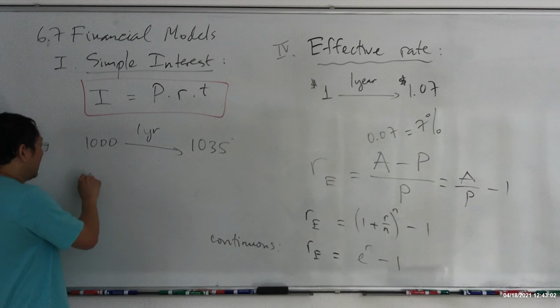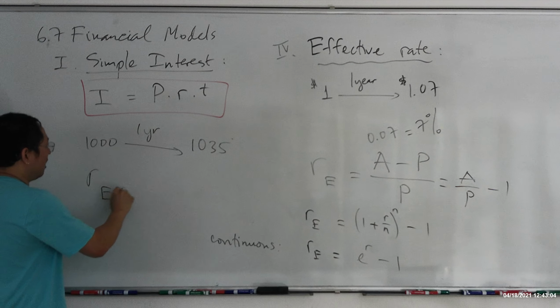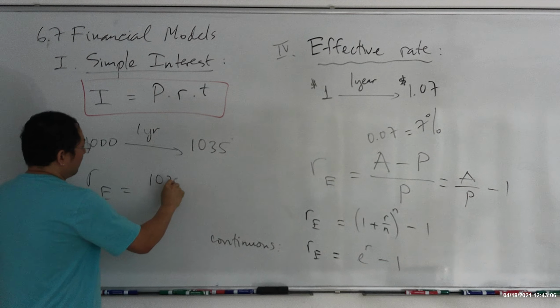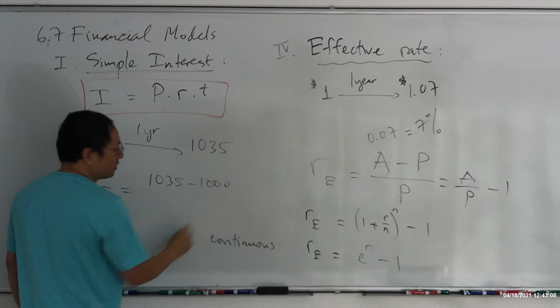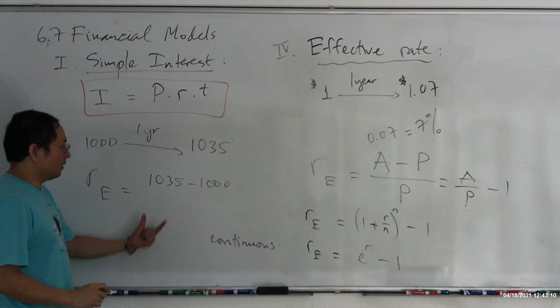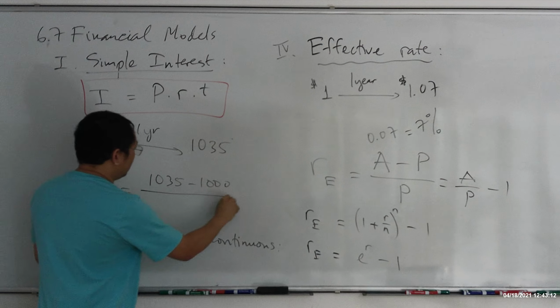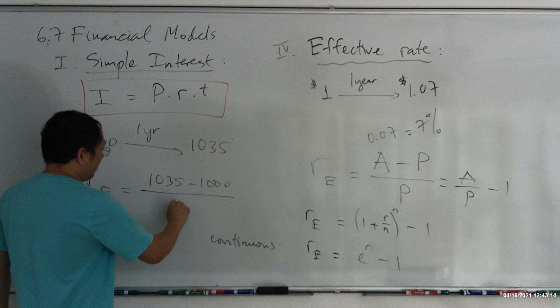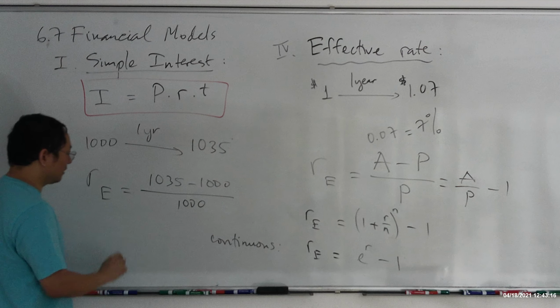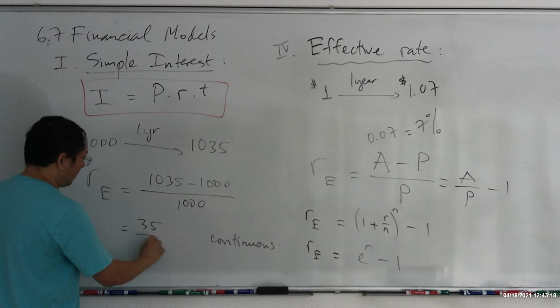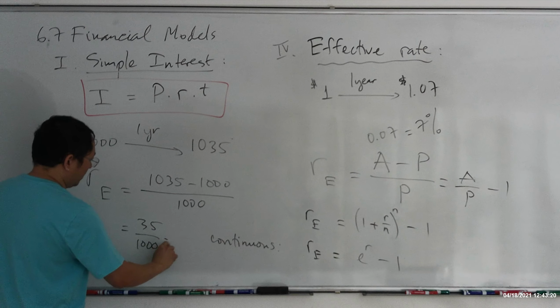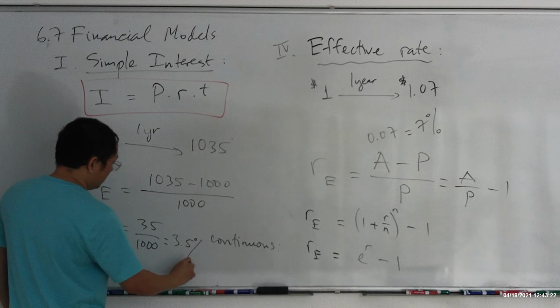Then I can calculate my effective rate. I take $1,035, subtract $1,000. That's the difference I get after 1 year, which is the interest, divided by 1,000. So this is 35 out of 1,000, which is 3.5%.